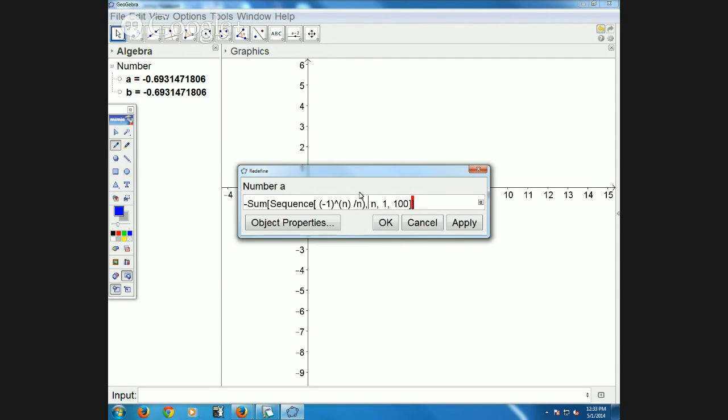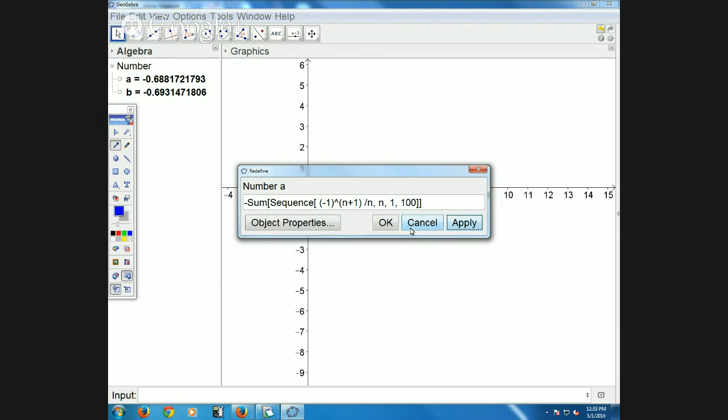I think I have the right series there. Negative 1 to the n plus 1. Good thing you wrote that down there, Jeff. And where are we starting this, 1 or 0? We're starting at 1. We always have to double check that. Let's do 100 terms, and we'll apply that. Come on, I hit apply.